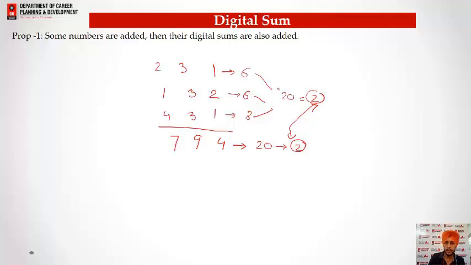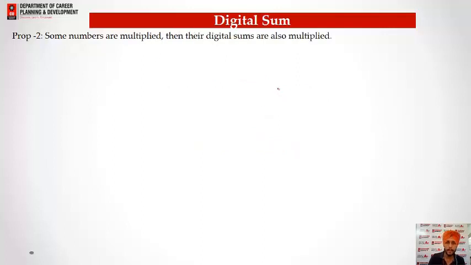Let us understand the second property: if we multiply some numbers, then their digital sums are also multiplied. Here we have an example. Let's say one number is 321, another number is 423, and the answer of the multiplication is 135783.